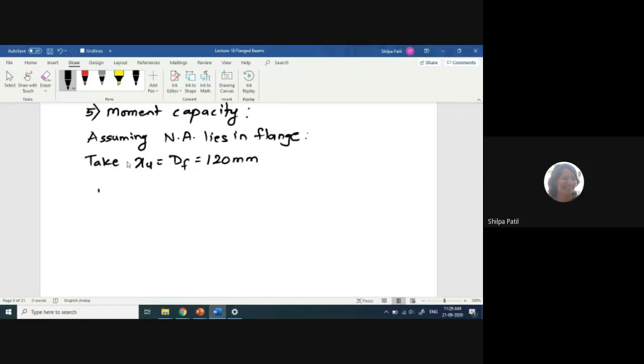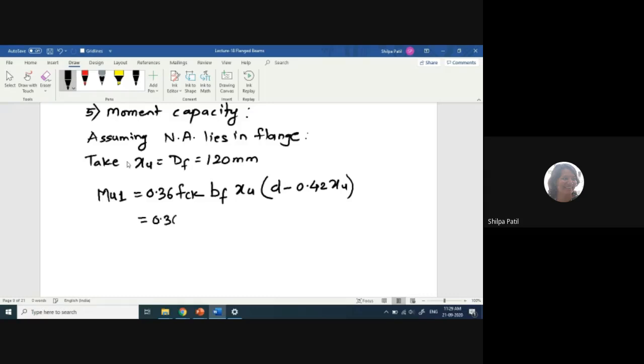So here I will write Mu1 instead of Mur, because this value of Mu we are calculating for this assumption. So my formula is 0.36 fck bf into Xu into bracket d minus 0.42 Xu. So put all the values in this equation and tell me what Mu1 value you are getting.